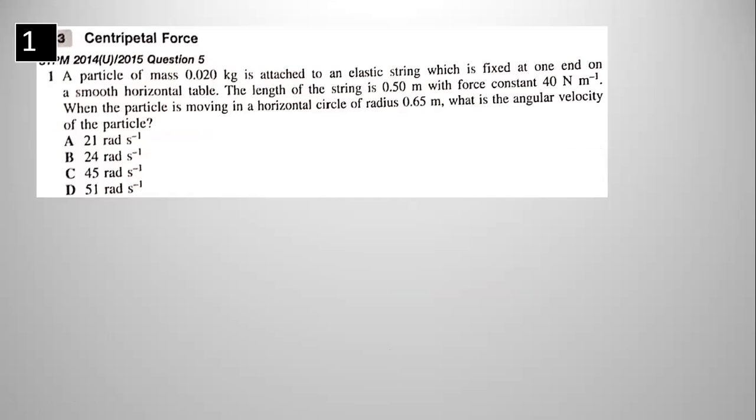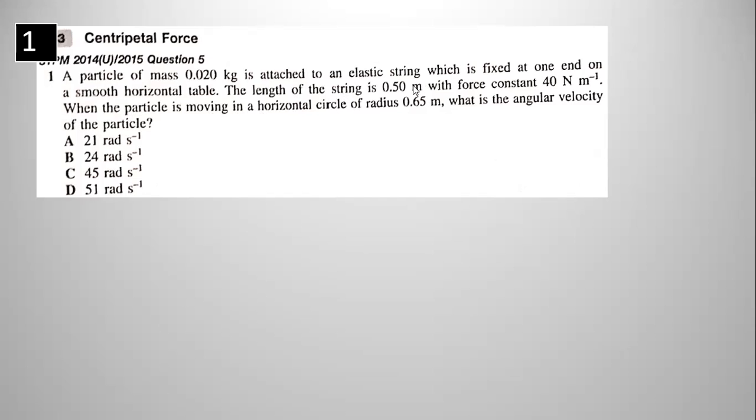Okay, question 1. A particle of mass 0.2 kilogram is attached to an elastic string, which is fixed at one end on a smooth horizontal table, smooth, no more friction.